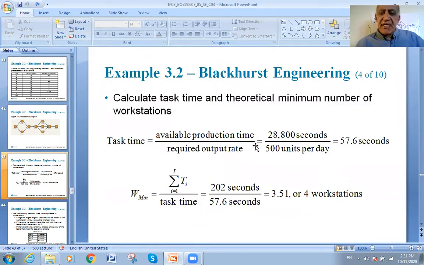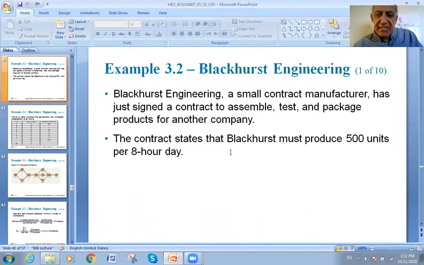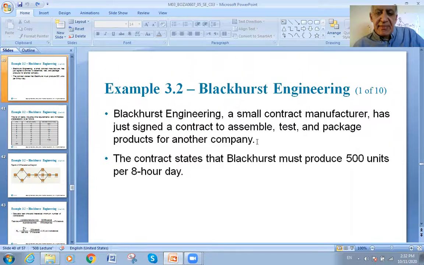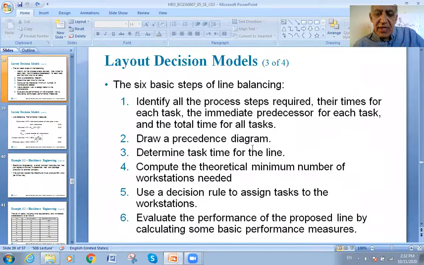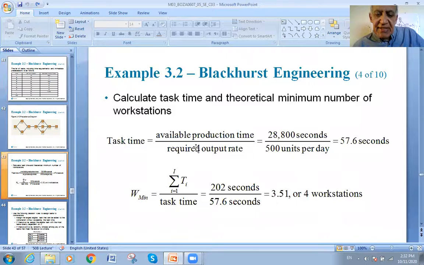Now it's just equations, and you apply them. He already gave me that the available production time is 28,800 seconds. He will give it to you in the example, saying the available time for working is like this. I will give you this available production time.